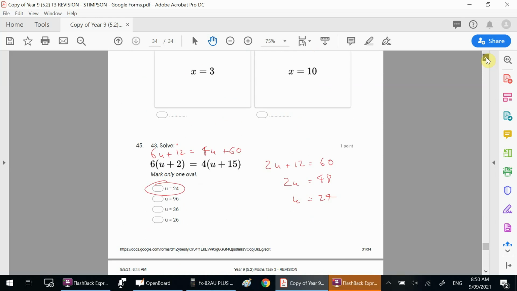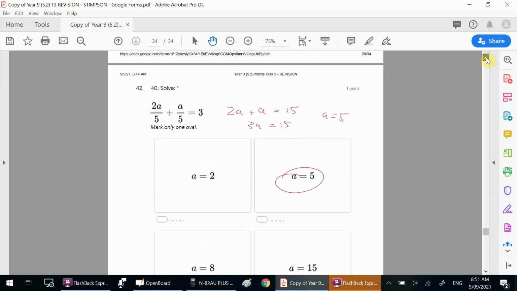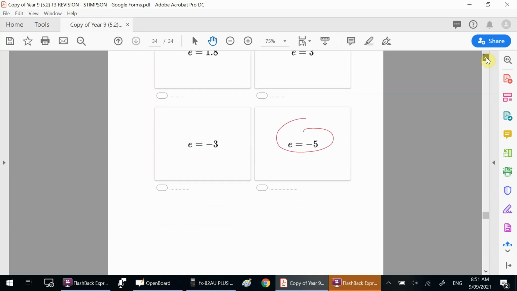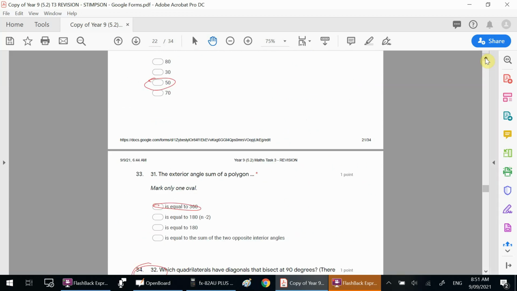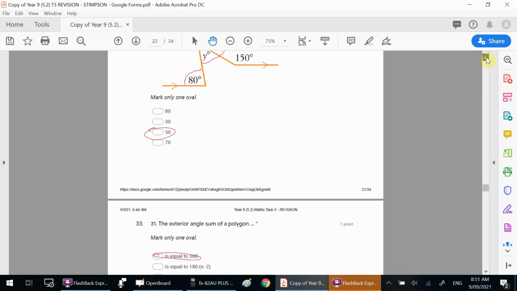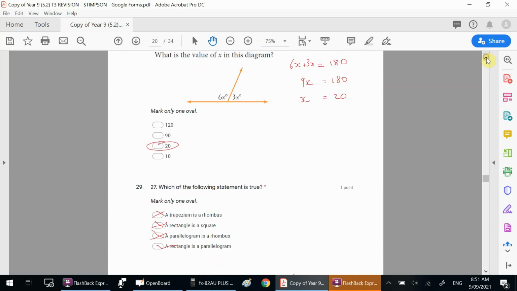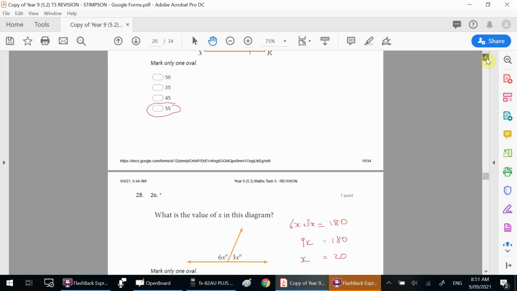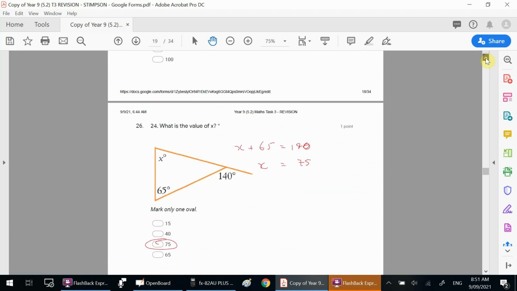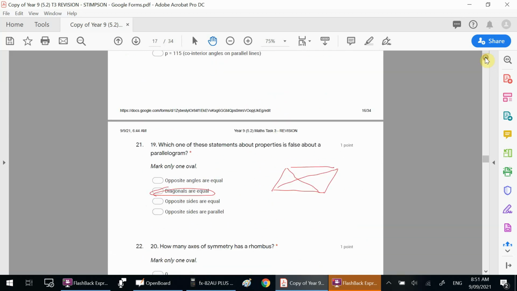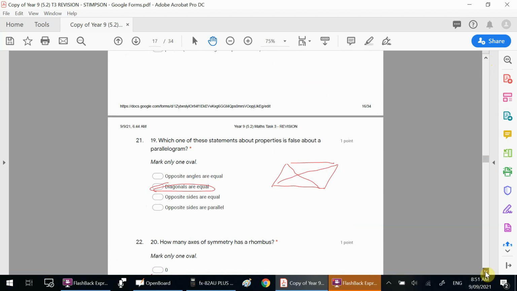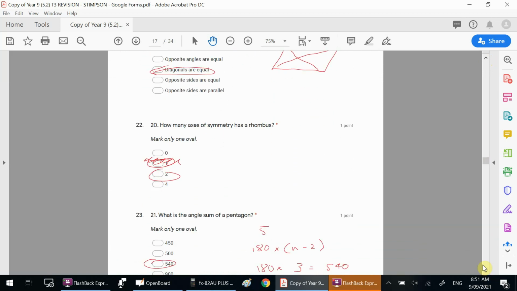There's a couple of ones that I had to find just to check on. It was the diagonals intersecting at right angles. Let me just see. There we are, axis of symmetry. There we are. Rhombus.